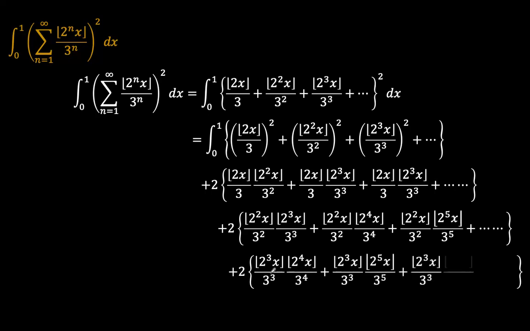This kind of trend will continue. And so we can now divide this into the integration of the quadratic terms, plus twice the integration of the summation of the cross terms.